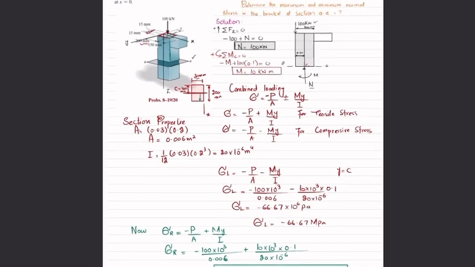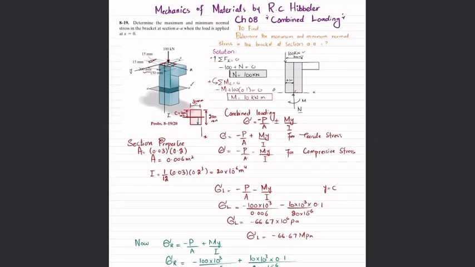And that was all about this problem 8-19, in which this portion was in tension, which is the right side, and this portion, which is the left side, is in compression. And you have seen and calculated the minimum and maximum stress. So this is the maximum stress and this is the minimum stress.